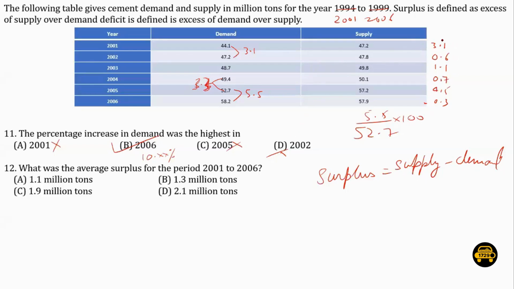For all the years, we have these values, adding them all. 3.1 plus 0.6 is 3.7, then 4.8, then this will be 5.5, and then 10 minus 0.3, so somewhere around 9.7. Now we have to divide 9.7 by 5.